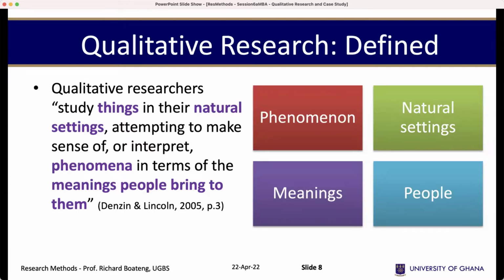So qualitative researchers are expected to understand their phenomenon, but not take the phenomenon out of the context. Place it within the context that it happens in. Understand what influences that context, what the influencing factors are, so that you can generate the proper meanings to the phenomenon. So, in attempting to make sense of or interpret the phenomena in terms of the meanings people bring to them, it means that people's views could actually skew the interpretation.